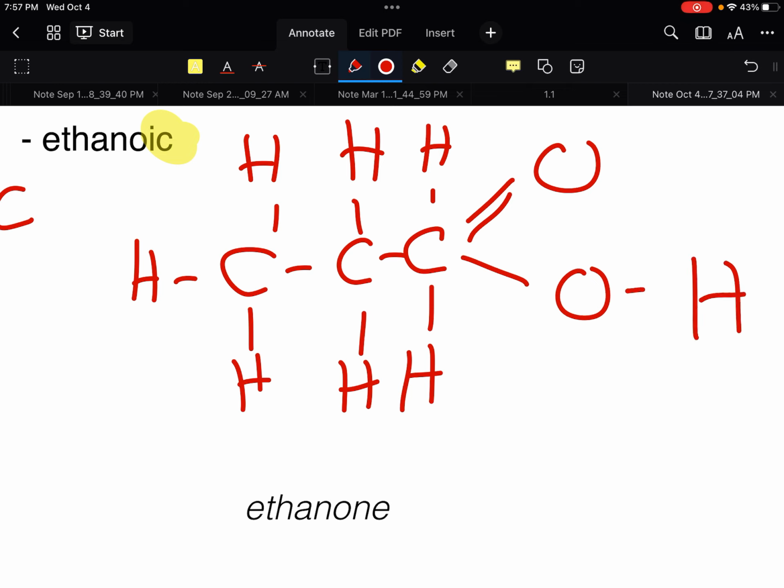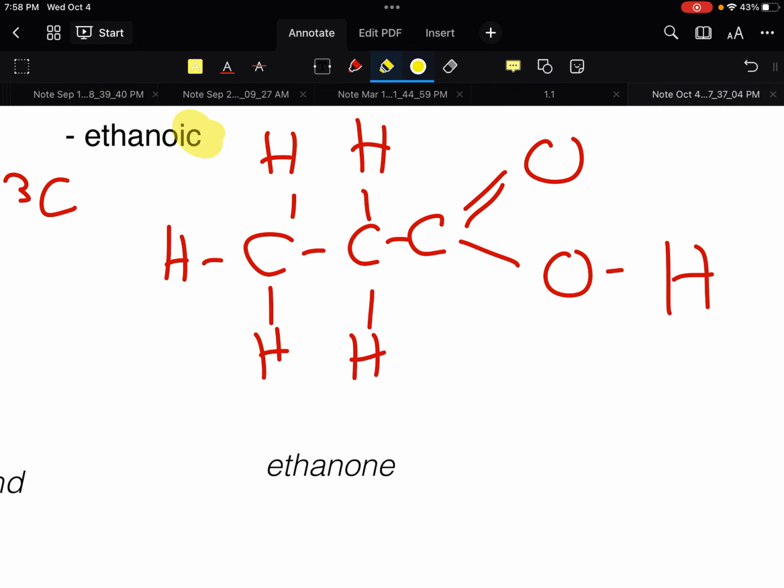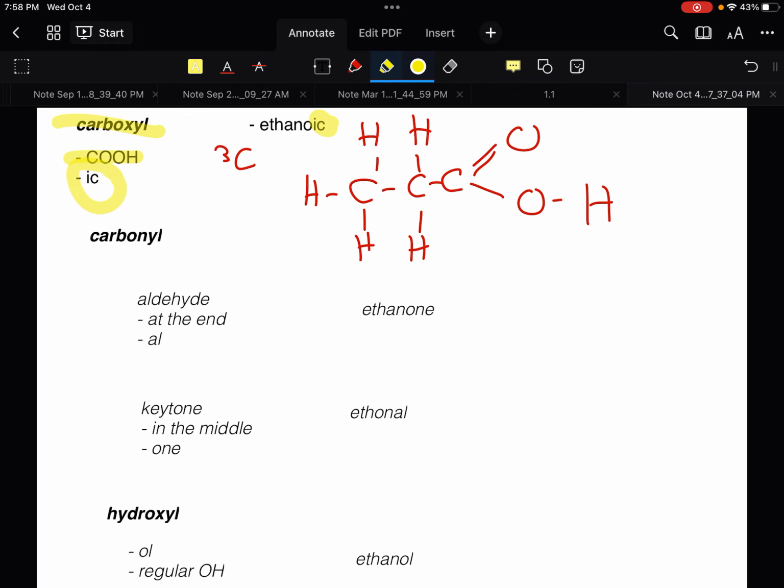What we realize here is that this carbon has too many bonds, so we can simply erase these H's. And so this C has 1, 2, 3, 4 bonds, so it satisfies the octet. So this is the ethanoic functional group, known as carboxyl.